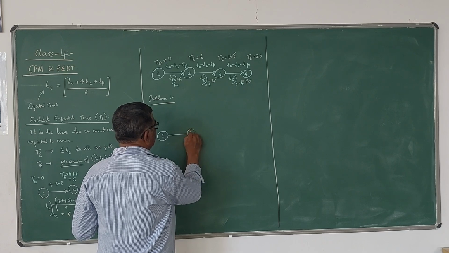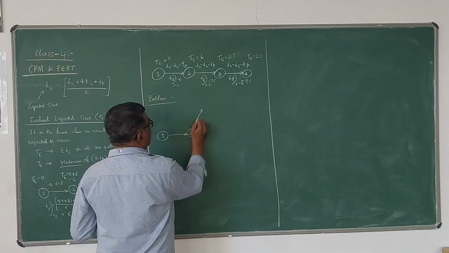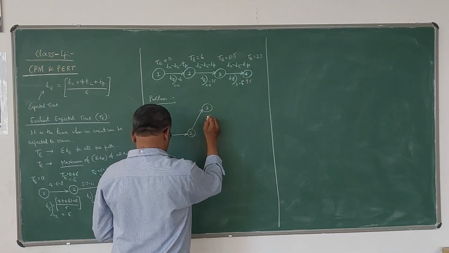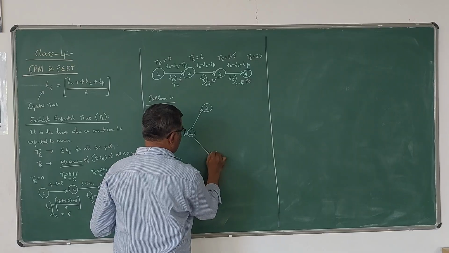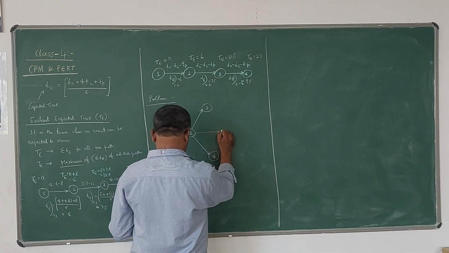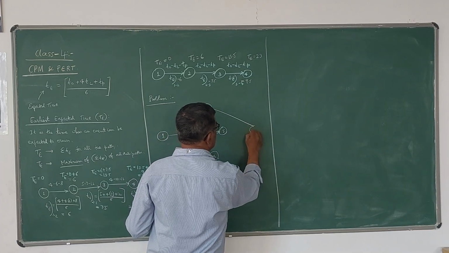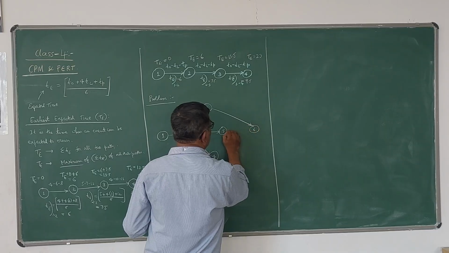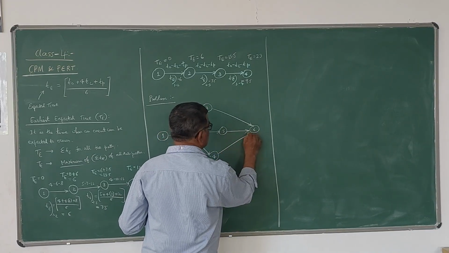Event 1, event 2, these are connected like this. This is event 3. Then from 2 it goes to 4, event 4. Then from 2 it goes to 5. Then from 3 it goes to 6. From 5 also it goes to 6. Then 4 goes to 6.